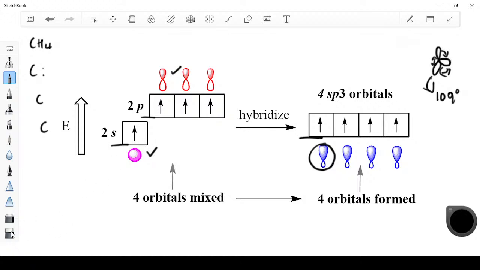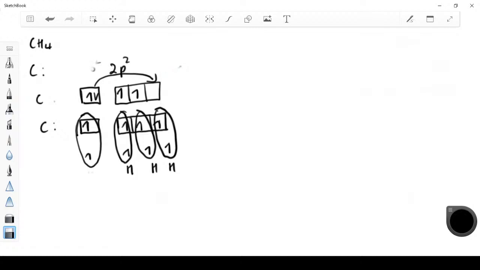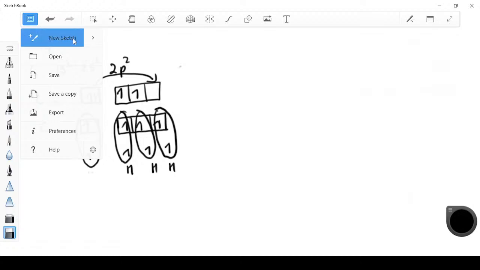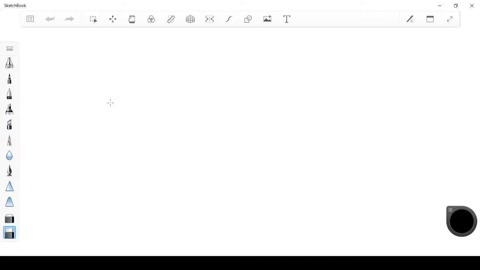Now, let's talk about the hybridization index. Okay. So what is the hybridization index? Right. So the hybridization index is represented by the letter i. So it is spi. This part is the hybridization index.